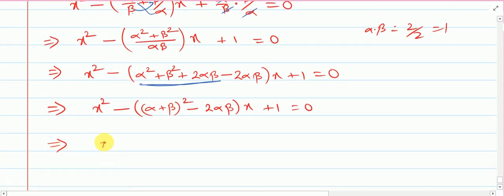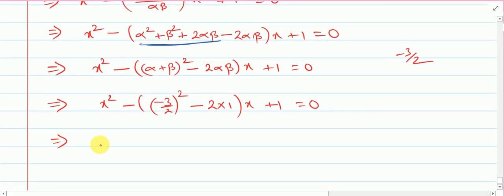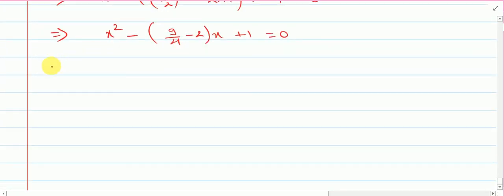Next, alpha plus beta, we know it's minus 3 by 2. So we will write minus 3 by 2 whole square and minus 2 into 1, because we know alpha into beta is 1, plus 1 equal to 0. Then x square minus 9 upon 4 minus 2. Now here LCM is 4, so you get x square minus 9 minus 8, and down you are getting 4.